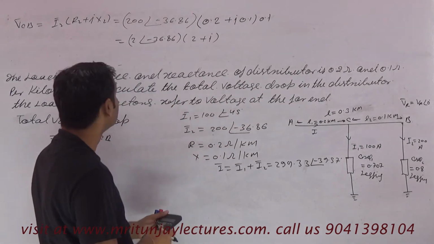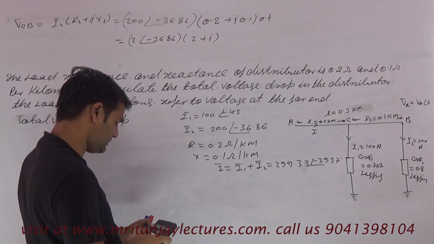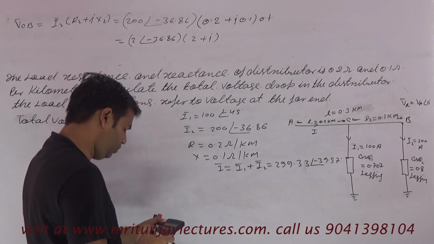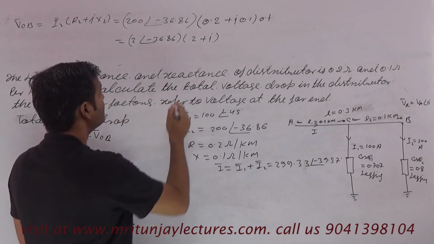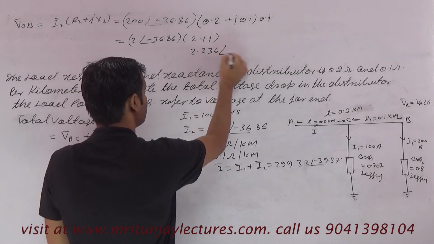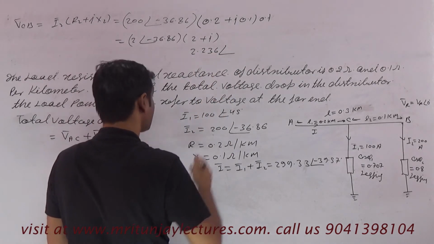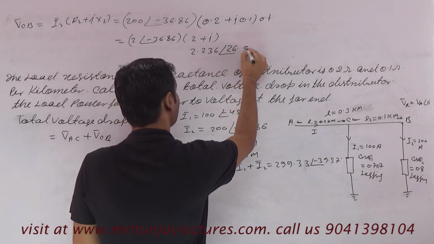First converting 2 plus j into polar form, that's 2.236 at the angle 26.56.